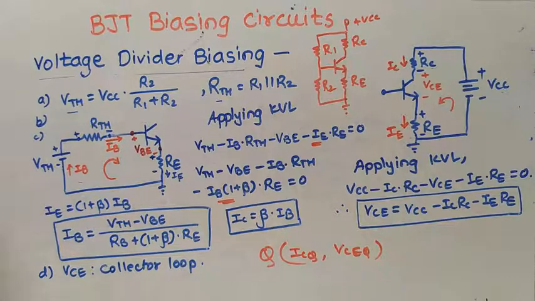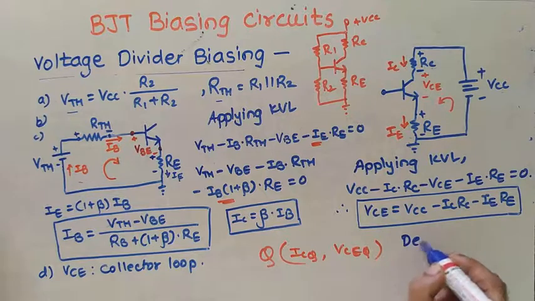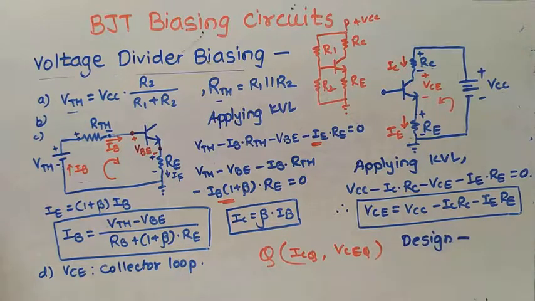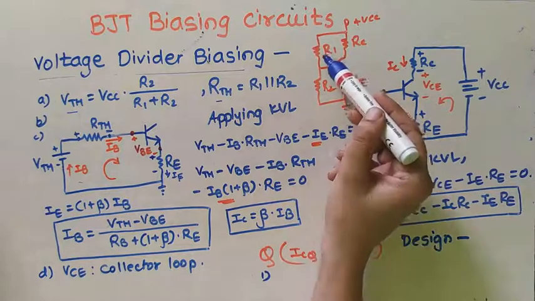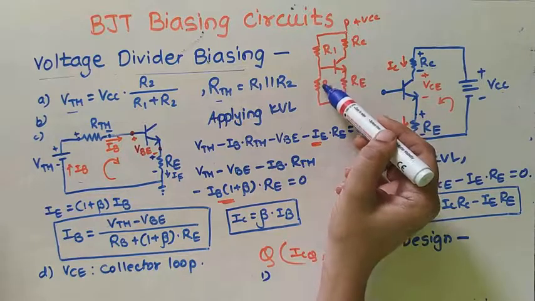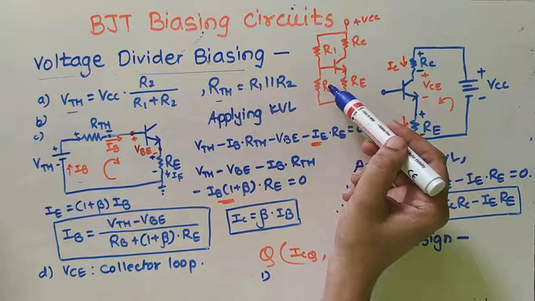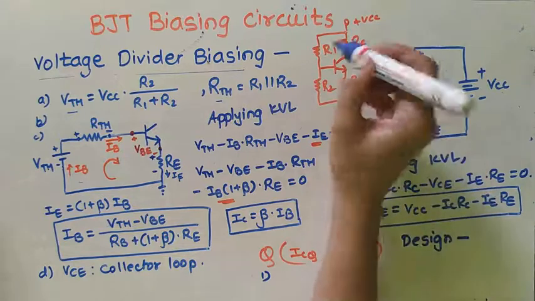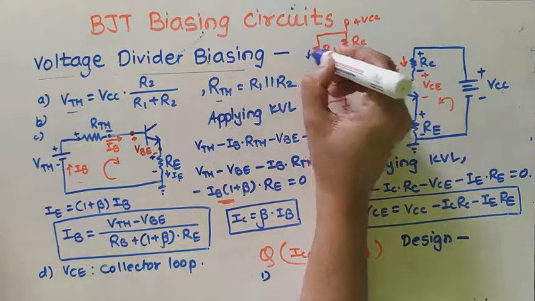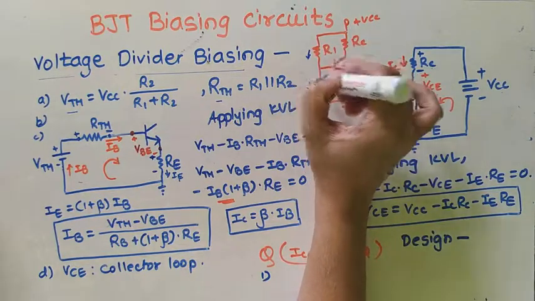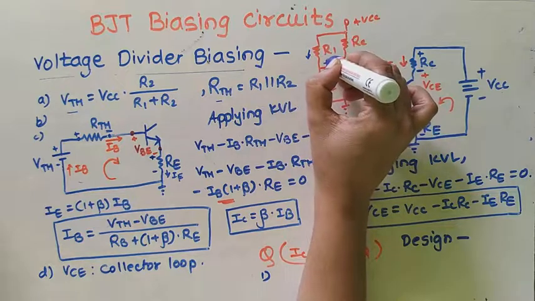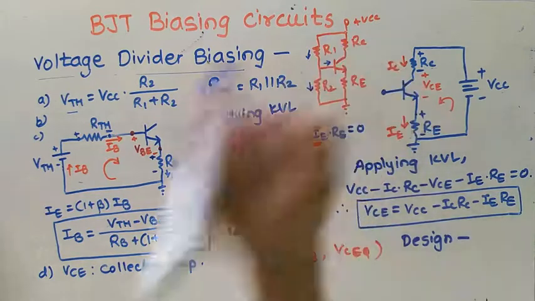If we have to design this, then we have to follow some design steps. So what are the design steps? First of all, we have to consider that the current flowing through these resistors R1 and R2 should be much higher than the base current. The current in this branch and in this branch should be about 10 times greater than IB.